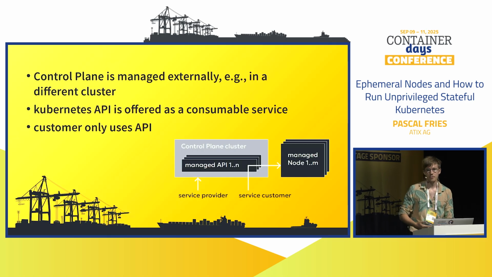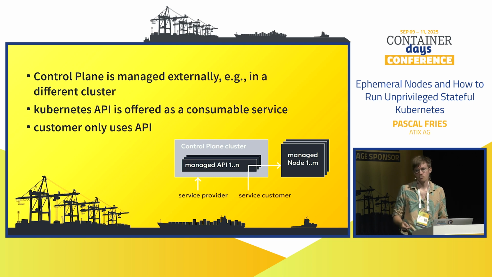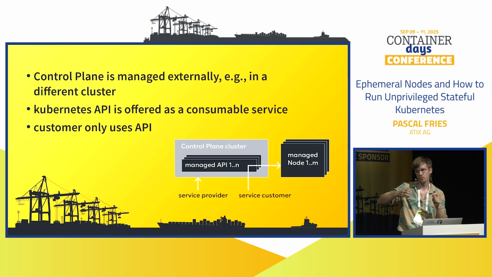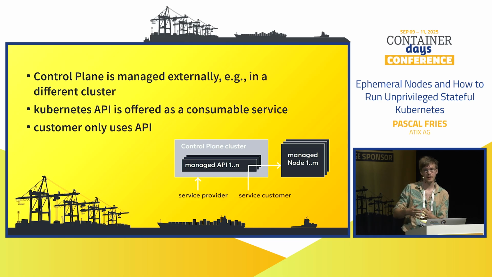So how do we do that? Well, we manage the control plane externally. I think in Kubernetes the hard way, you do that by just starting systemd services. But you could also just run your control plane in a different cluster. And because you're providing platforms, why not just provide one cluster? Just provide many APIs. So what you can do is you can go and run your Kubernetes control plane as pods in a different cluster.